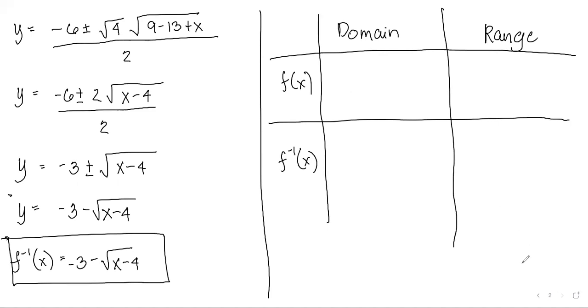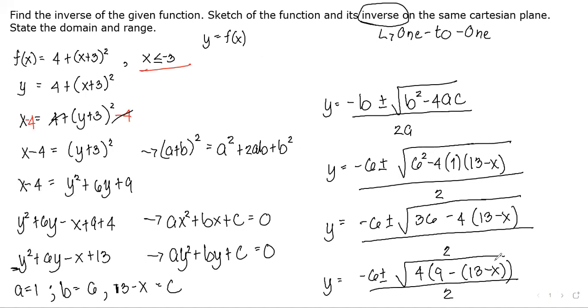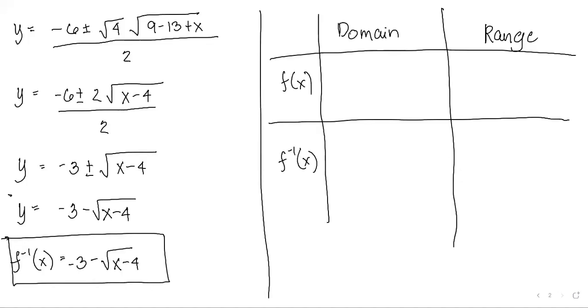Ibig sabihin, kapag ilalagay natin yan sa number line, let's say andito si negative 3, then sabi equal eh, so shaded siya, part siya ng solution. Tapos to the left na kasi less than. So, ibig sabihin, kapag interval notation, negative infinity, negative 3. Inclusive kasi part siya ng solution. Diba? So, negative infinity, negative 3.